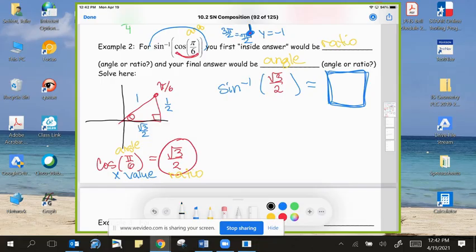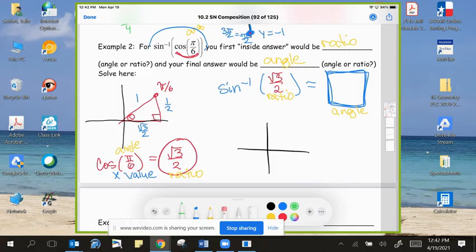So sine inverse of root 3/2. That root 3/2 is the ratio. Our final answer here will be an angle. So the sine inverse can be in what quadrants?